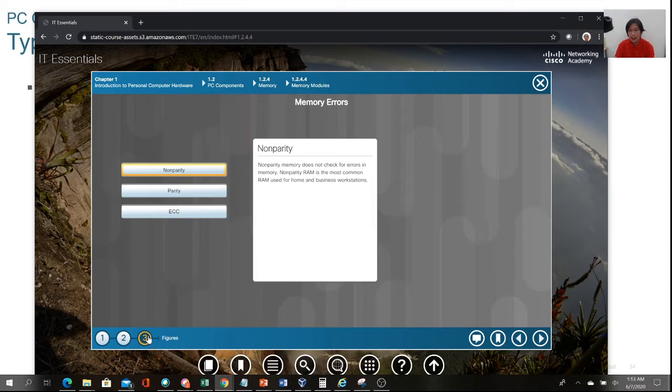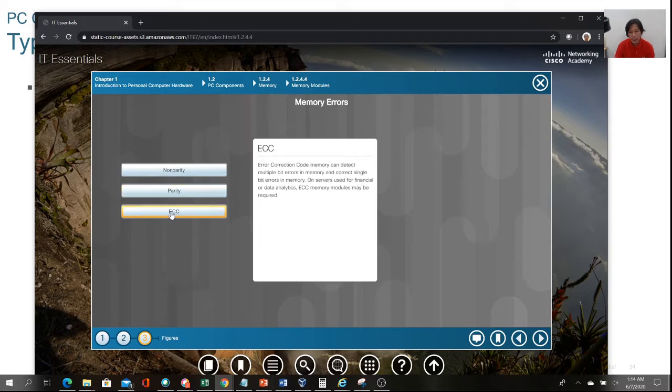And we also have non-parity. Non-parity memory does not check for errors in your memory, and non-parity RAM is the most common RAM used in home or business workstations. So our ordinary desktop uses non-parity. Parity memory contains 8 bits of data and 1 bit for error checking, called the parity bit.